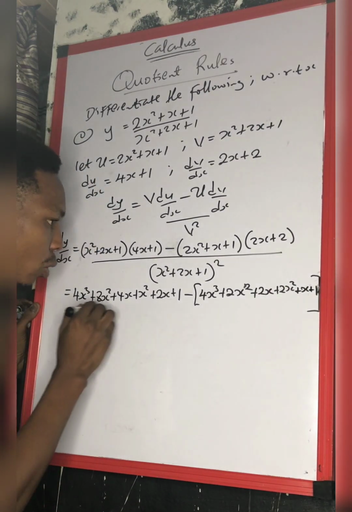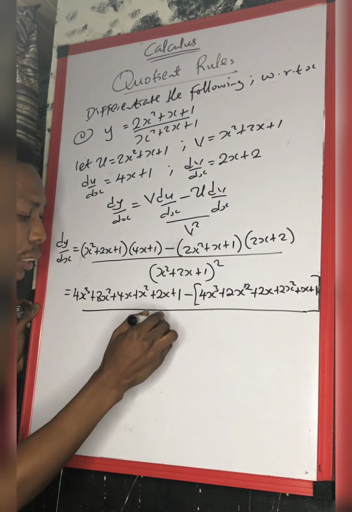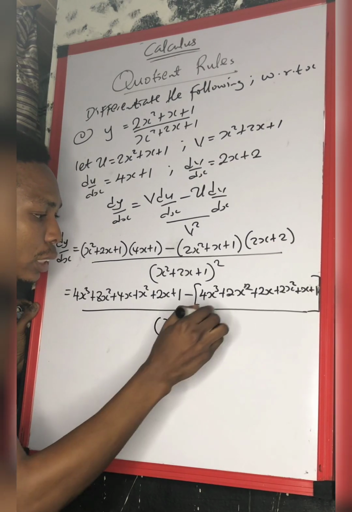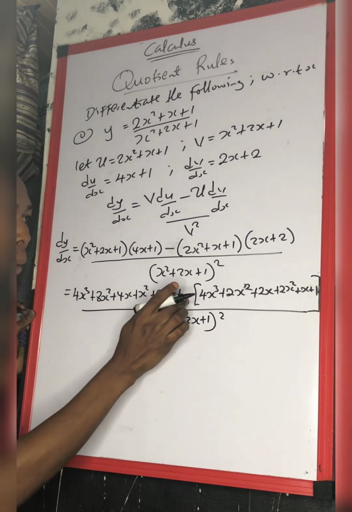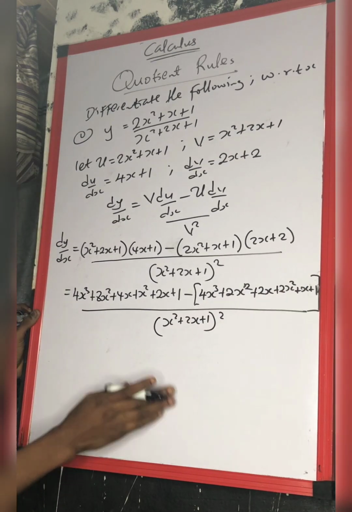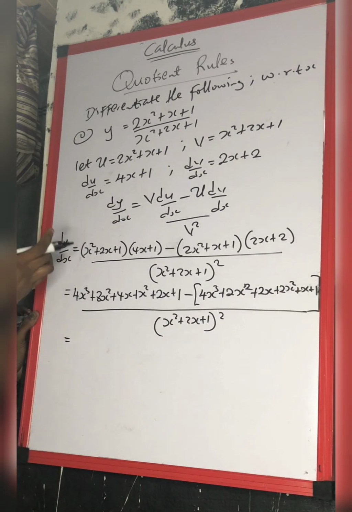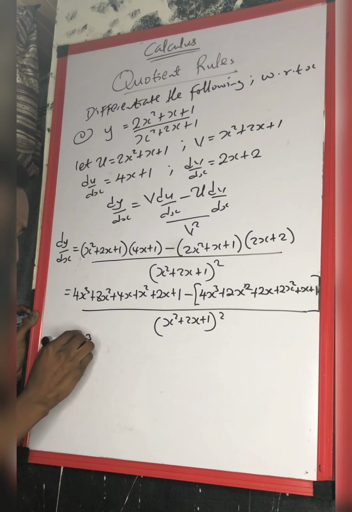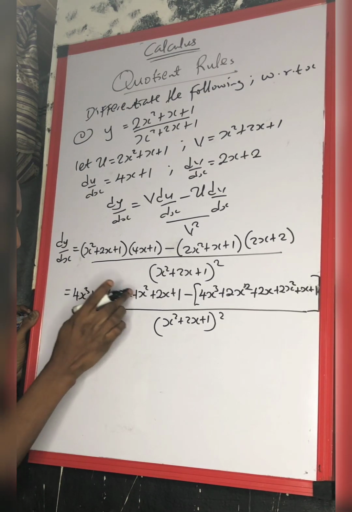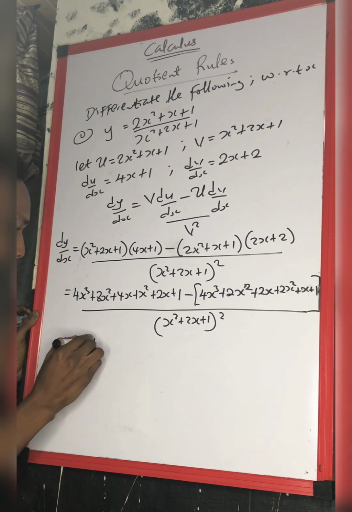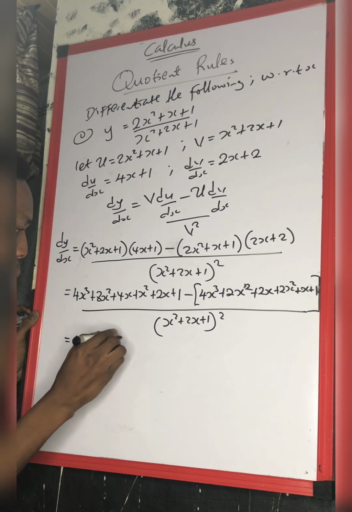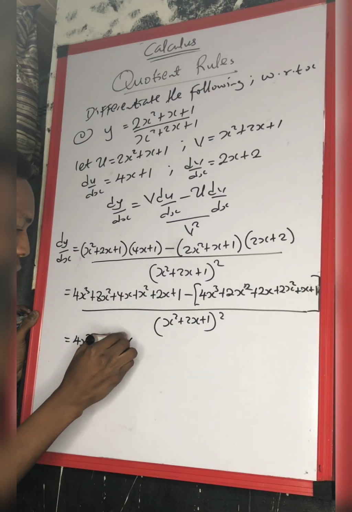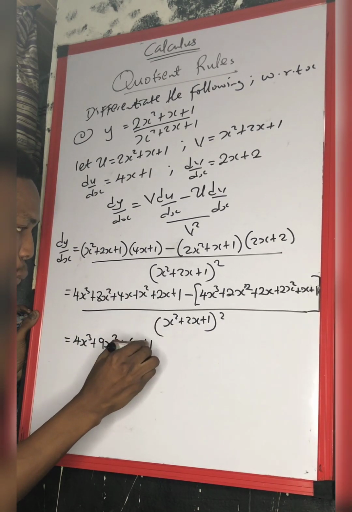So from there, all over the denominator, x squared plus 2x plus 1, then square. So I'll use this minus to open up this other bracket. But before that, this is 4x cubed, 8x squared plus x squared will give us 9x squared. 4x plus 2x is 6x plus 1.